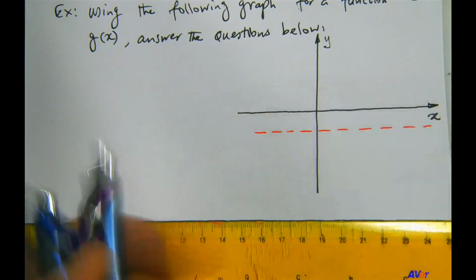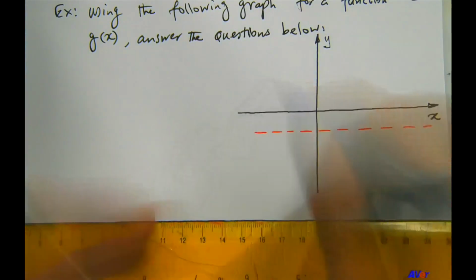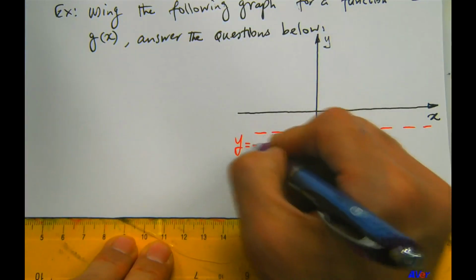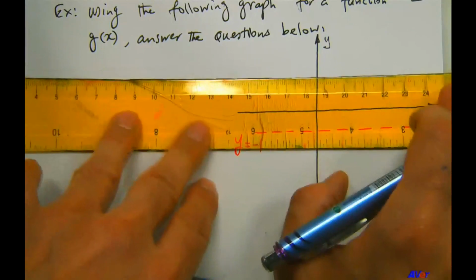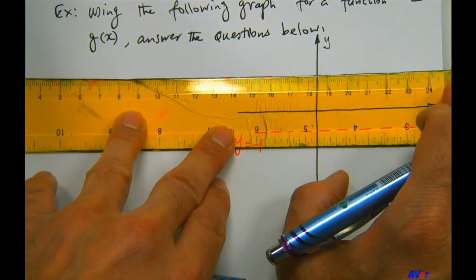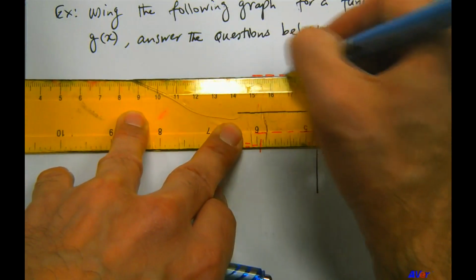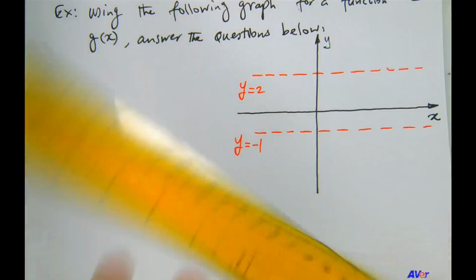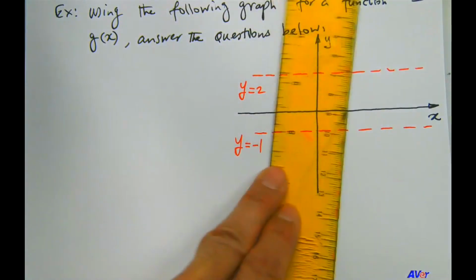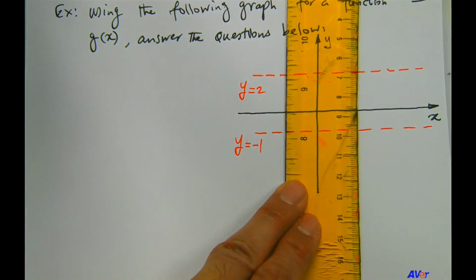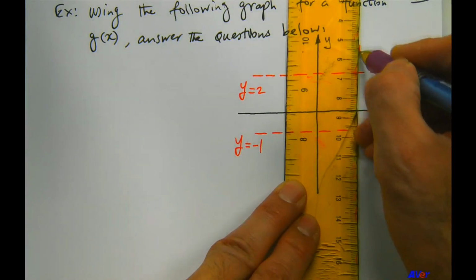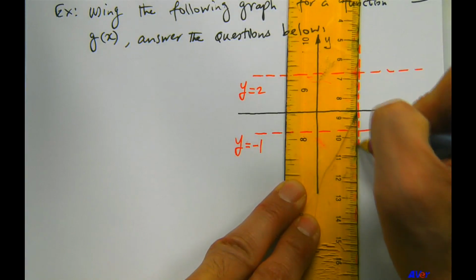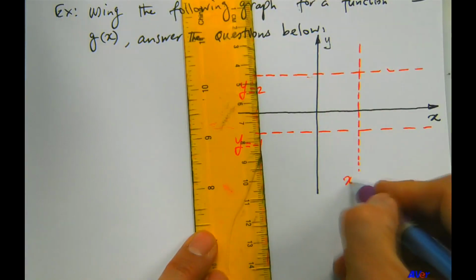And then we have another horizontal asymptote at y equals 2, let's say. And we have a vertical asymptote at x equals 2. Maybe here, like that. So this is x equals 2.